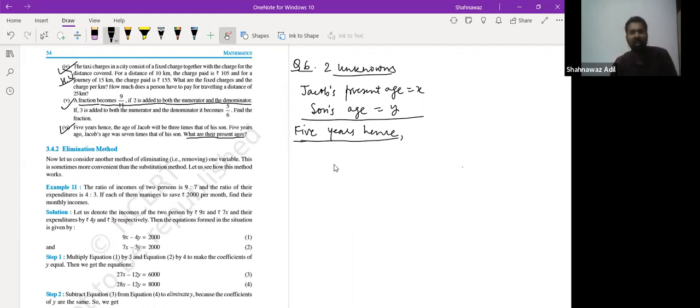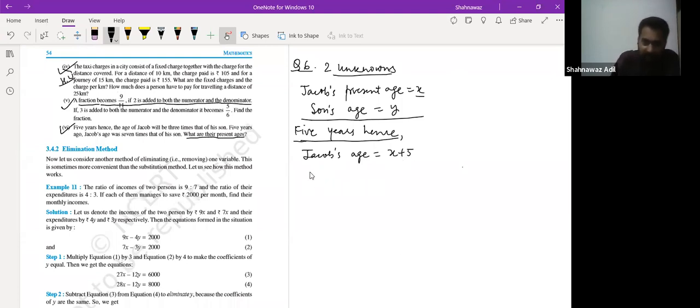So let's say I am 30 right now. 5 years hence, what will be my age? 35. Right, 35. So if Jacob's age is X, then 5 years ahead, what will be Jacob's age? X plus 5, right? 30 plus 5.